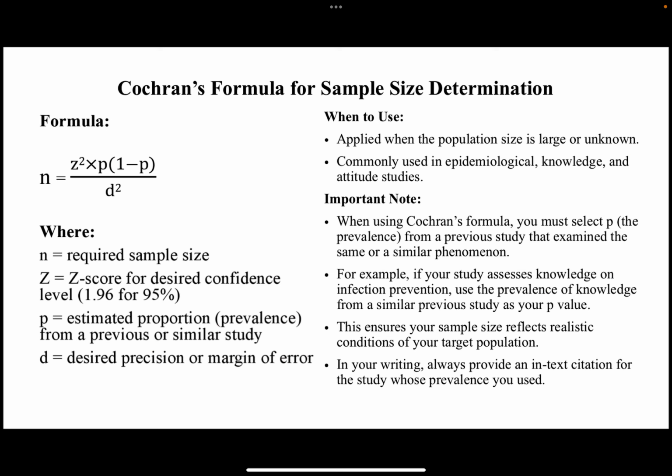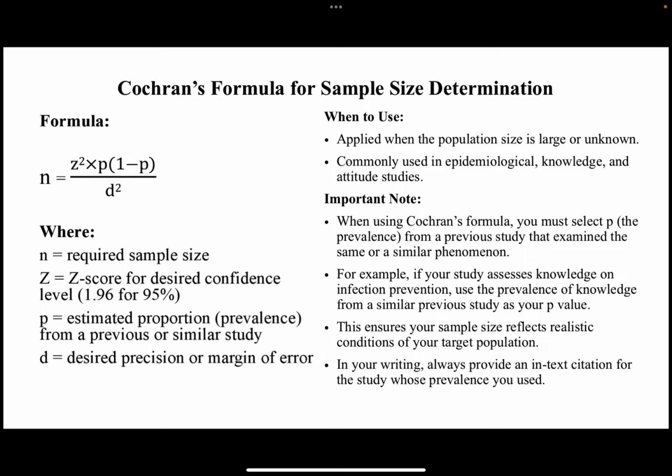How are you going to use the Cochrane formula? You have to look for a similar study conducted among nurses. It could be in a different country. So you look for a similar study conducted among nurses where they explored any of your independent variables, in this situation, knowledge and practices of nurses regarding ethical and legal issues. Then I'll look for the prevalence, the proportion of the knowledge.